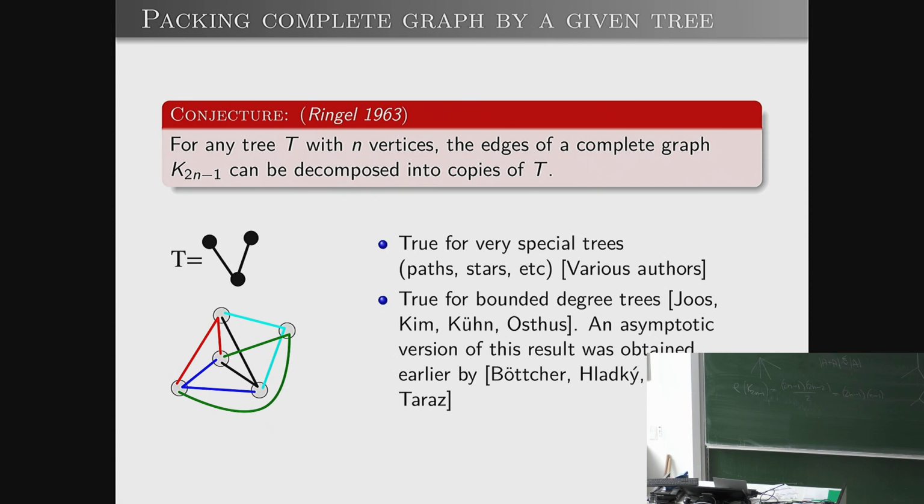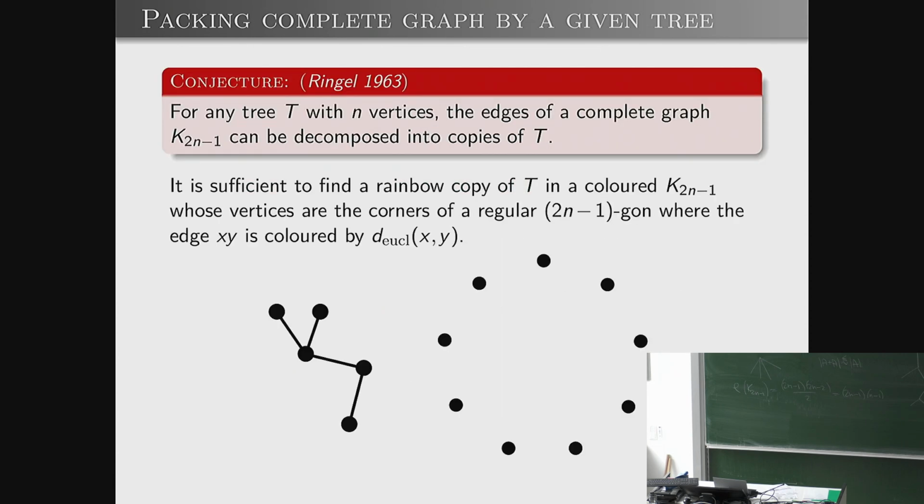So if you tell me that your tree is arbitrary, but there is a bound on the degree of the vertices, then this conjecture is true. Okay. So very nice. It's a packing conjecture. No colors are involved. How is this related to what I'm talking about? The reason it's related is that you can phrase this conjecture in the language of finding rainbow trees in some coloring of graphs.